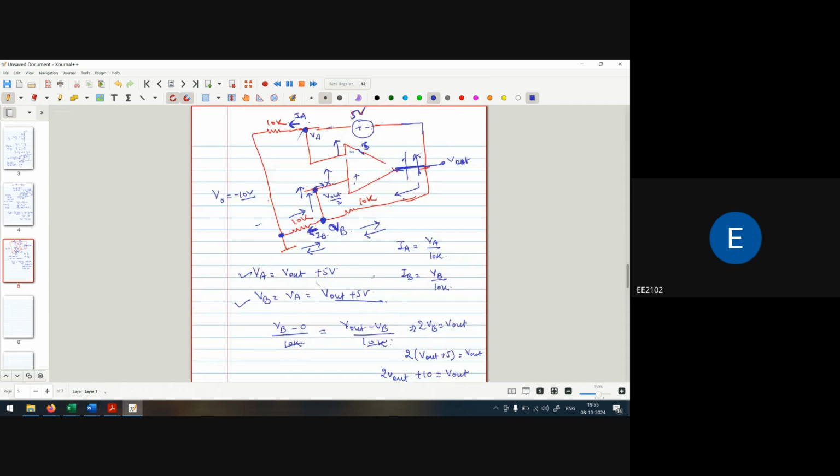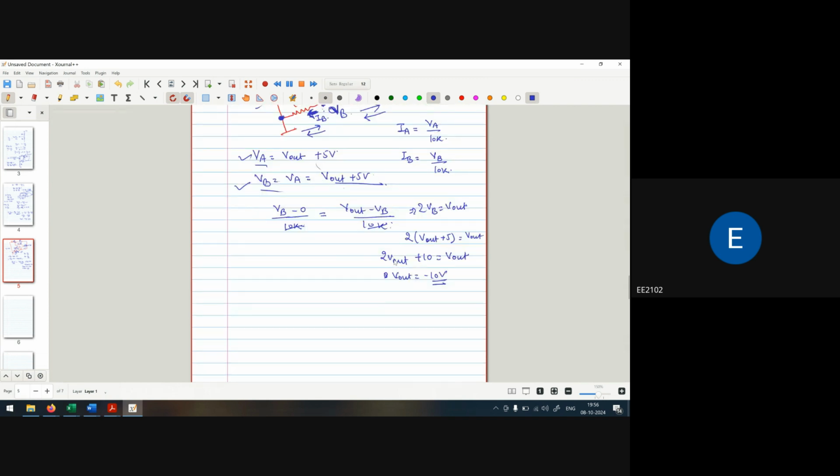We are not talking about the positive and negative terminal; we are talking about V and VB. Either it becomes positive or negative, in all scenarios the values of V and VB are both the same. So it is not dependent on which one is the inverting and which one is the non-inverting.